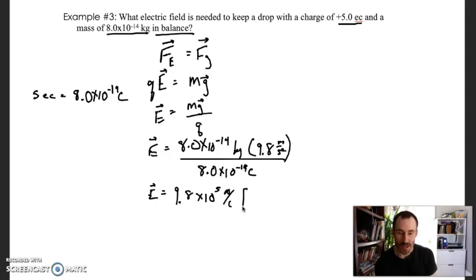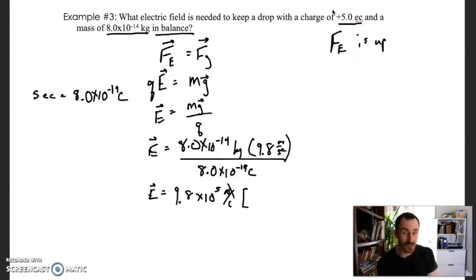That needs a direction. Okay, so let's look back at the question. The drop is held in balance, which means force of gravity is down, so the electric force is going to be up. So Fe is up, and the electric field points in the direction of the force on a positive charge.